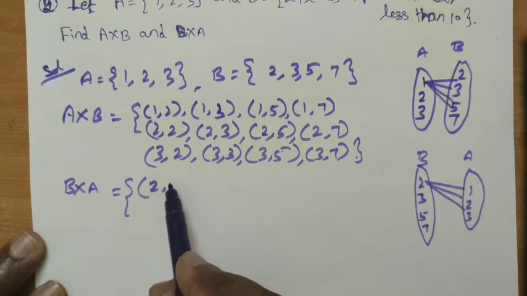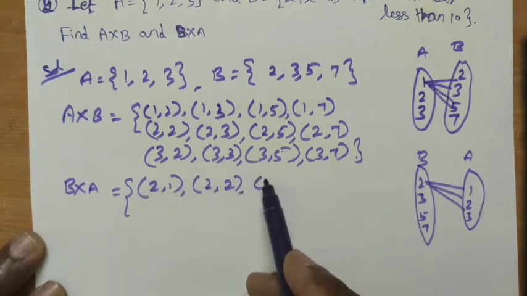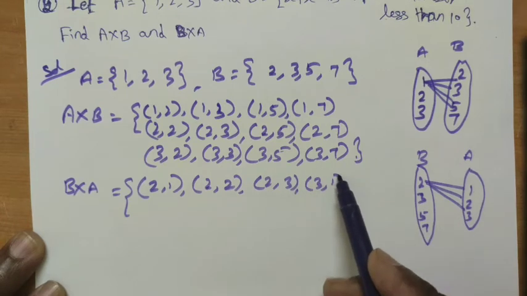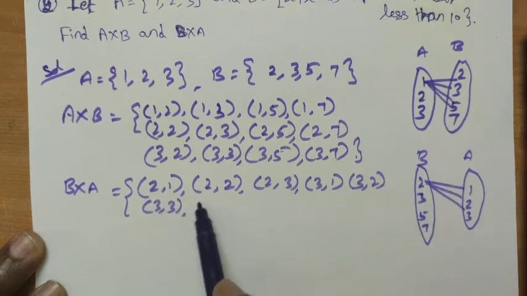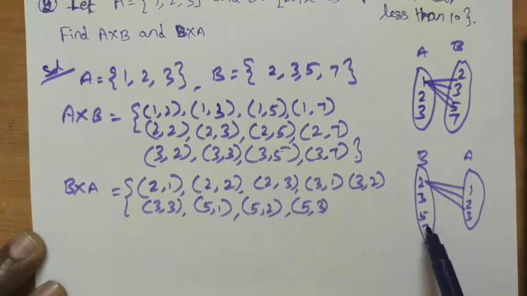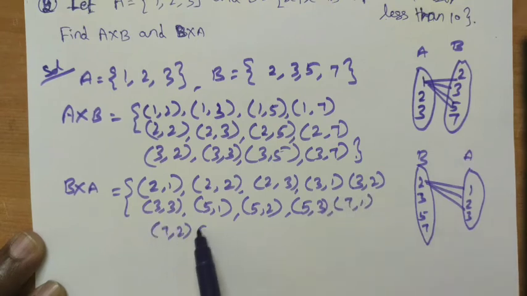This is the form. (2, 1), (2, 2), (2, 3) and then (3, 1), (3, 2), (3, 3), right? And then (5, 1), (5, 2) and then (5, 3) and then (7, 1), (7, 2) and then (7, 3).